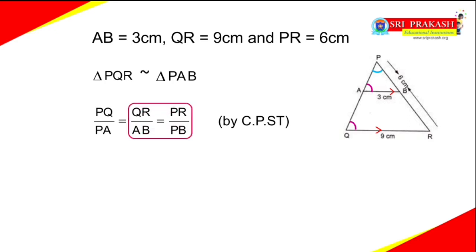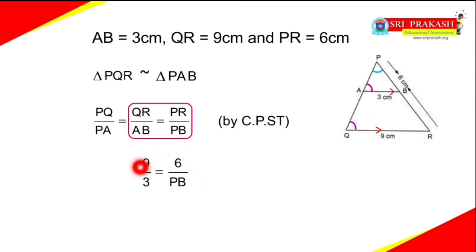Children, now let us substitute the values of AB, QR and PR in this equation. Then we get 9 by 3 is equal to 6 by PB.